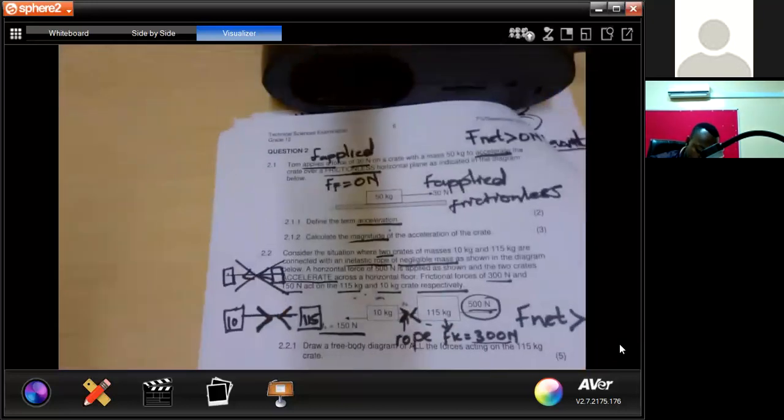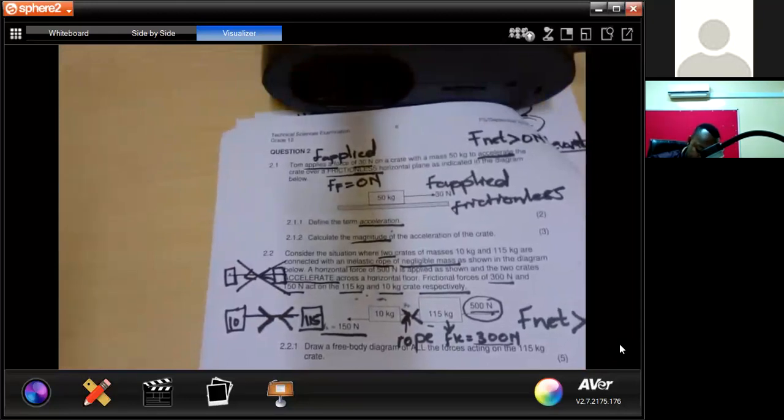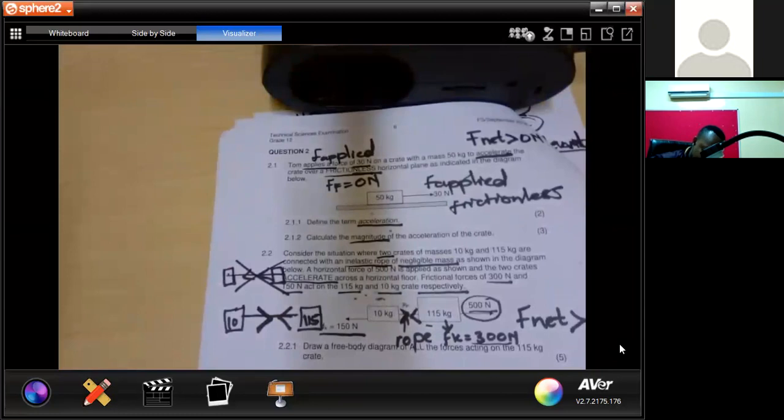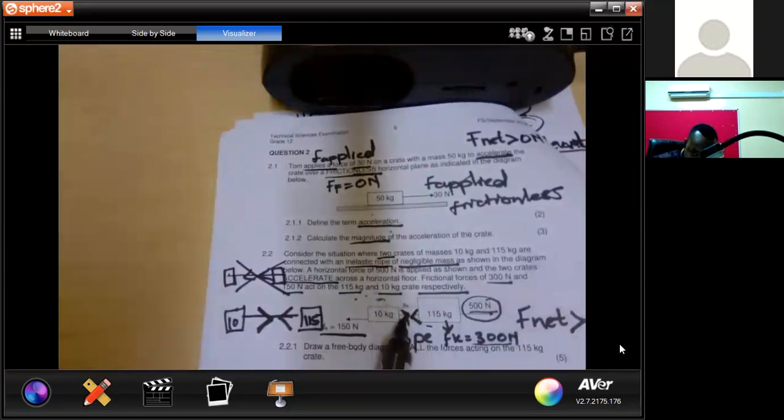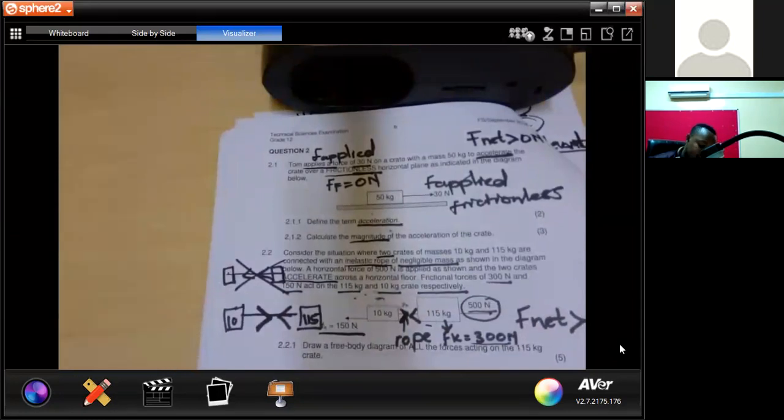So for the 10 kilogram block, we still have the force of gravity, we still have the normal force, but do we have the applied force? No, this applied force is only on the 115 kilogram, right? So what we have then is that force, which is the tension, and that tension is acting to the right.